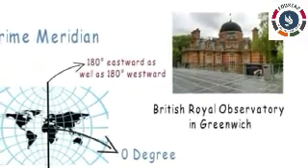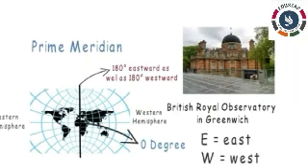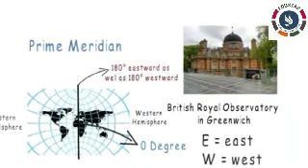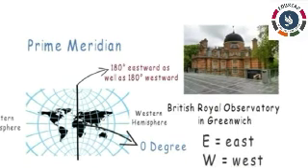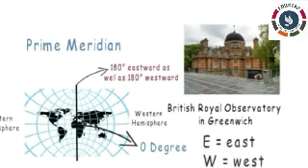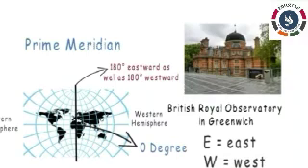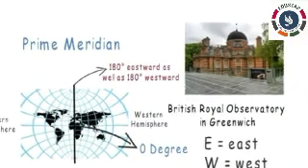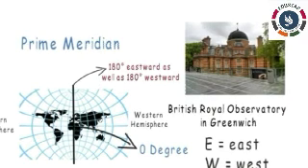The prime meridian and 180 degree meridian divide the earth into two equal halves, the eastern hemisphere and the western hemisphere. Therefore, the longitude of a place is followed by the letter E for the east and W for the west.